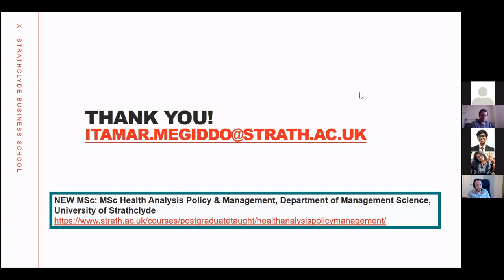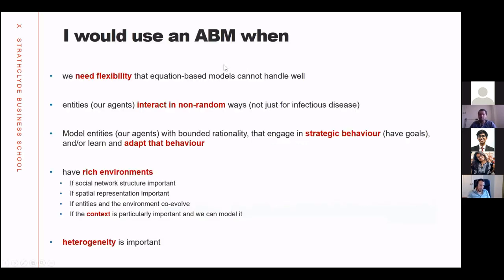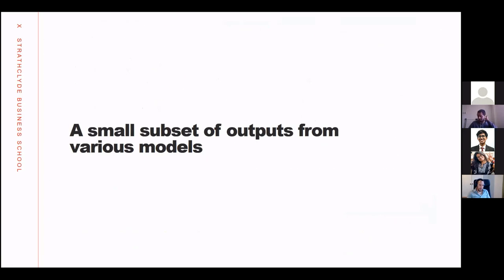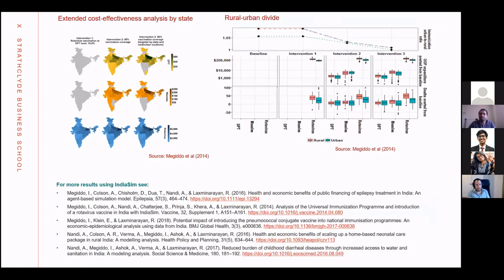If I go back a few slides here, we did some work on epilepsy, vaccination strategy, pneumococcal disease, and a home-based neonatal care package, which included ASHA workers and other types of workers, which was not part of the other models. We looked at water sanitation interventions. These are all different models that incorporate different elements, so you can add modules that look at things in different directions.